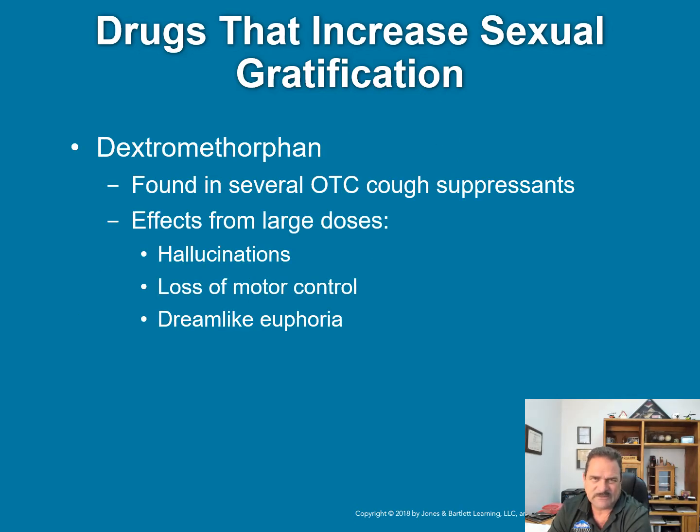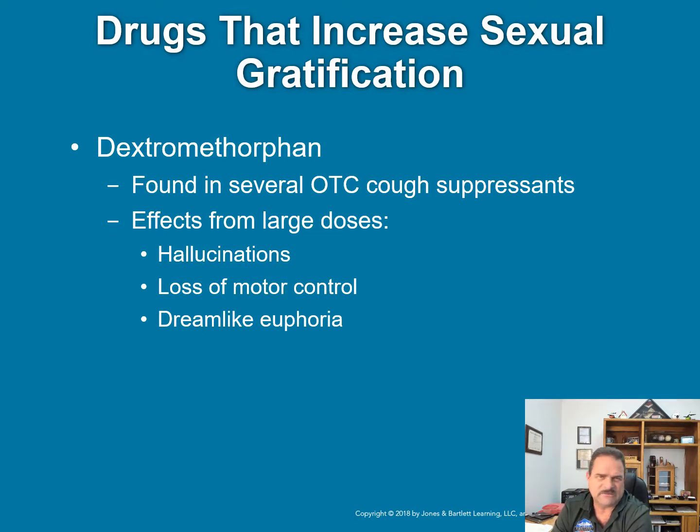Dextromethorphan, that's unusual, but it's in cough medicine, several over-the-counter cough suppressants. For a while, kids were drinking this stuff. They would just down a whole bottle of Robitussin. It can produce a euphoric, floating kind of sensation. It's a mild stimulant effect, also with approximately only 6 tablets.